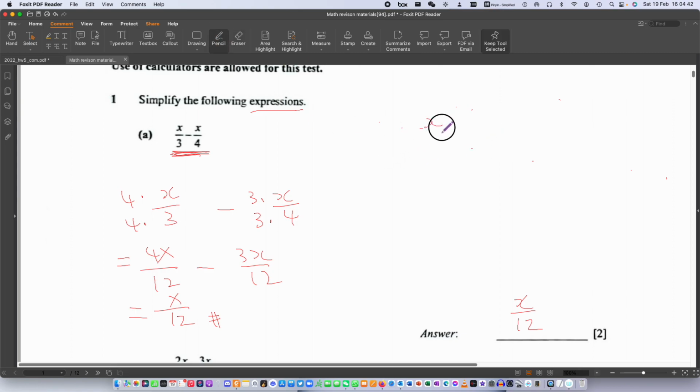So what if I change the question to this? Pay attention. So what is this? This is an expression. This is an equation. Very good. I'm going to show you how these two questions are different. Just because this is an expression, this is an equation.